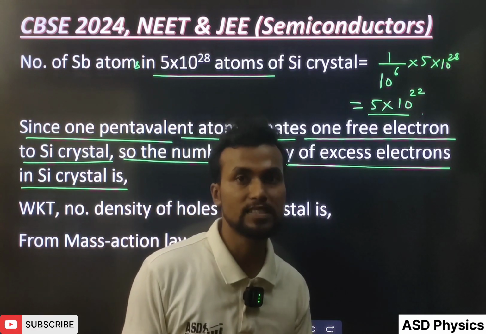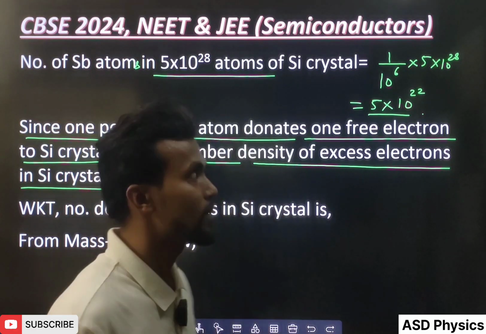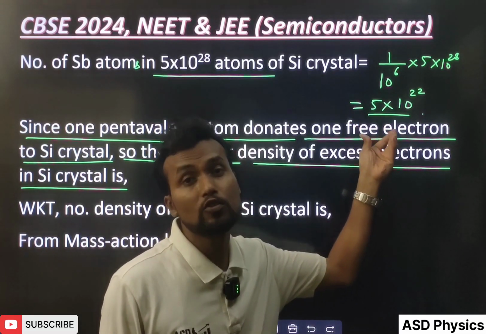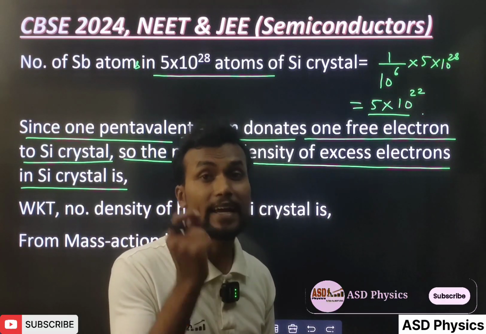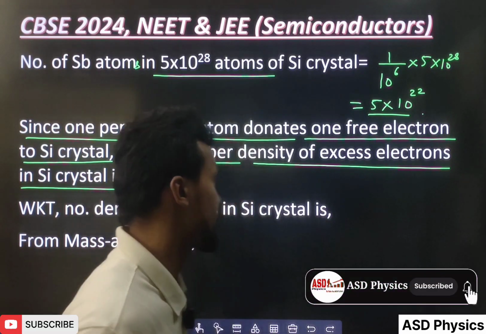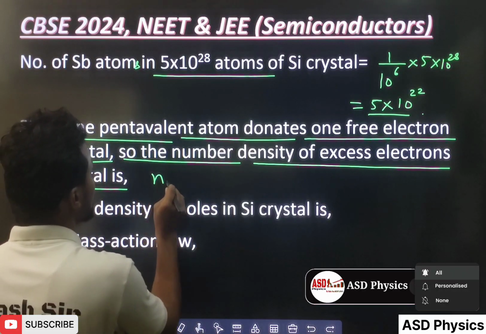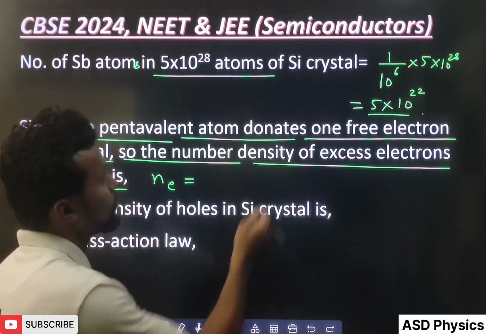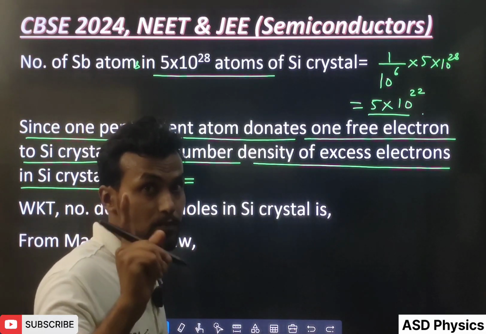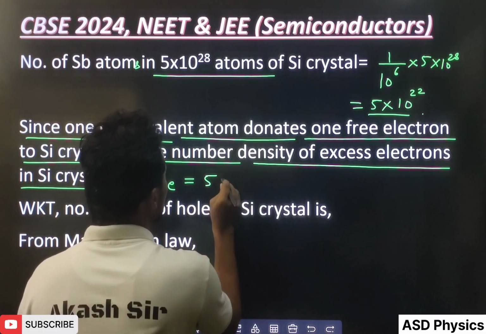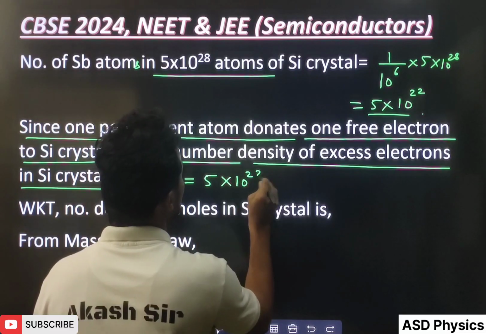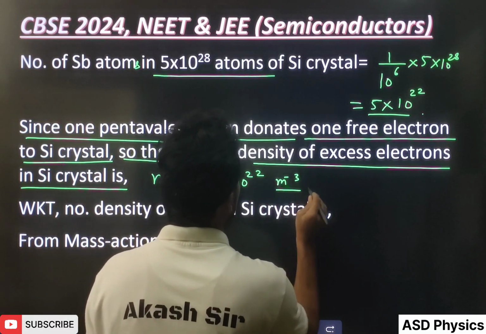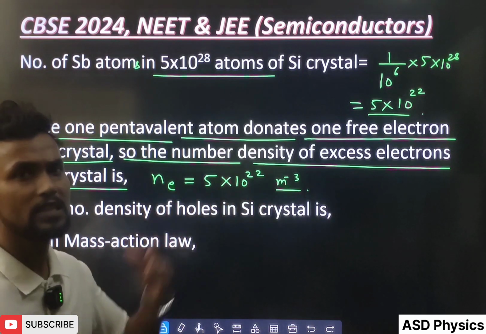The crystal is doped by 5 into 10 power 22 antimony atoms, and each and every atom provides 1 electron. So the number of electrons becomes 5 into 10 power 22 per meter cube. This is the number density of electrons.